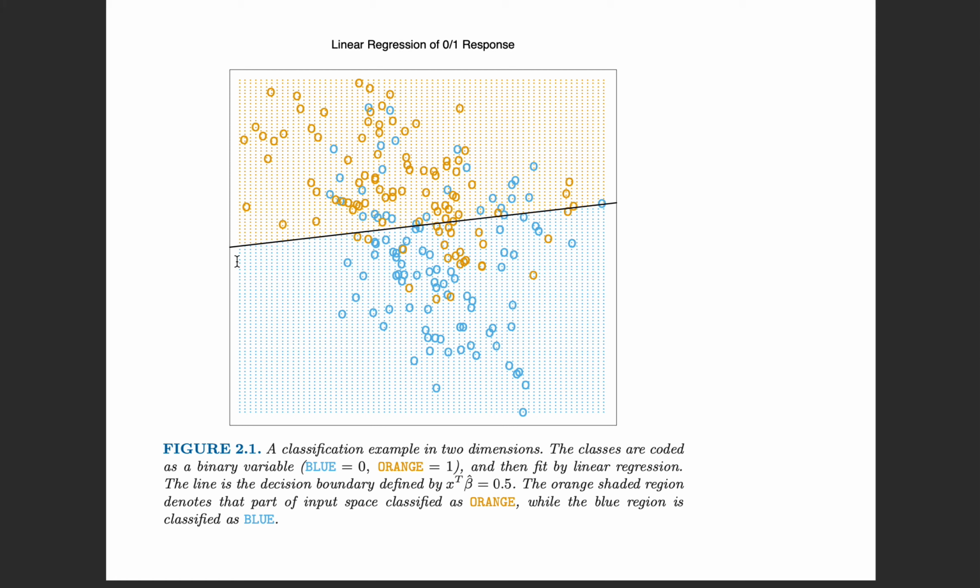What you will get is that this hyperplane at exactly this place will have a value of 0.5, and if you pass it, it will be greater than 0.5, and if it's below it, it will be less than 0.5. So this essentially is dividing the feature space into two parts, and we can use this. If you get a future data point here, you can say it's orange. If it's here, it's blue. This is from the ESL book, this image specifically.